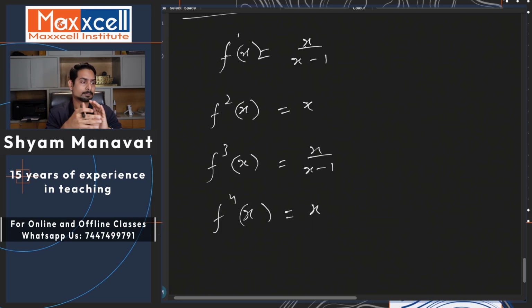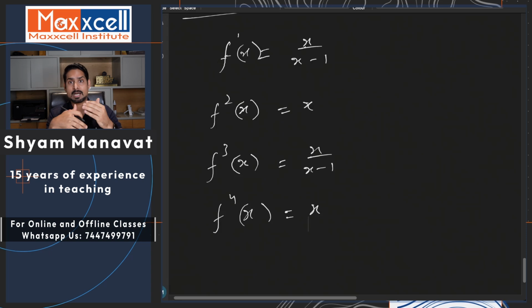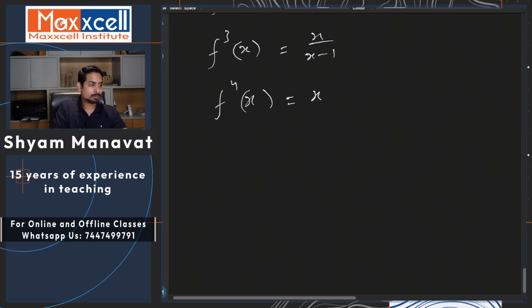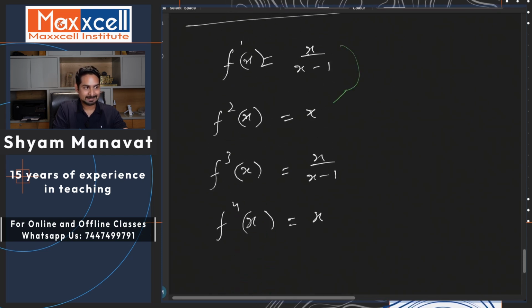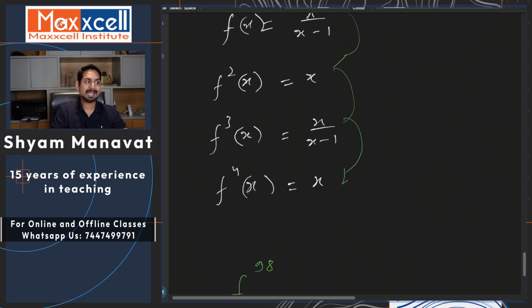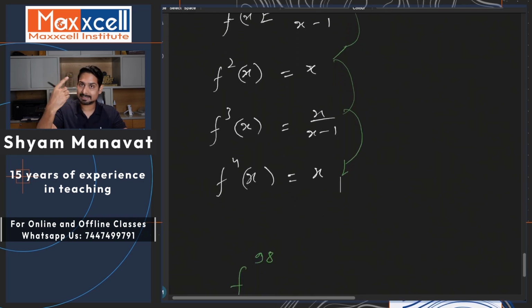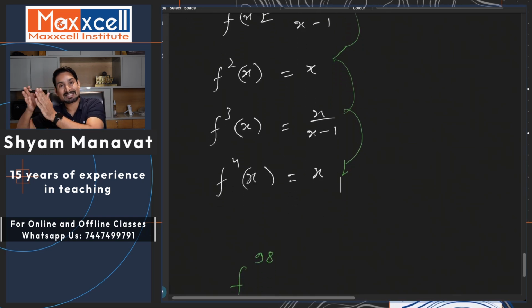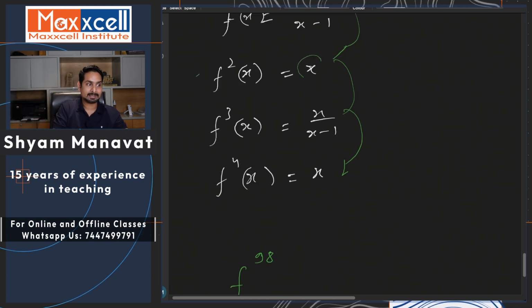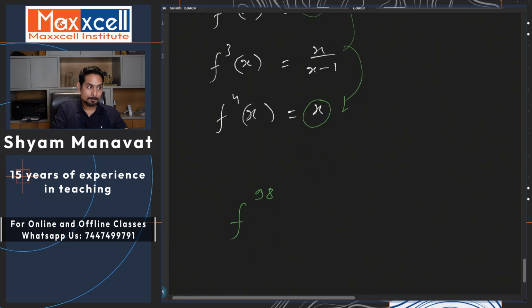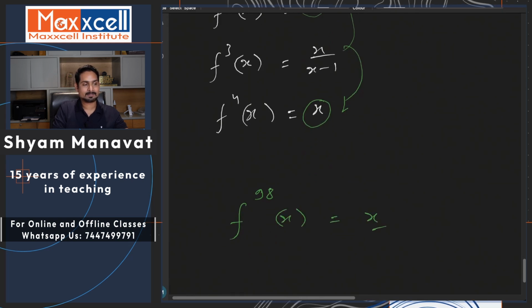Quite possible, so you need to see after how many iterations the pattern repeats. Now the question said find out the 98th iteration. Because it is following after the second iteration itself, every second iteration, second, fourth, sixth, eighth, will be x, right? So the 98th iteration should also be equal to x. That's the answer.